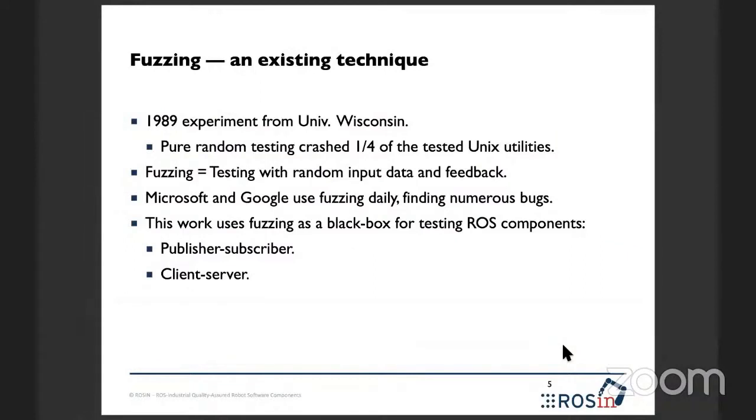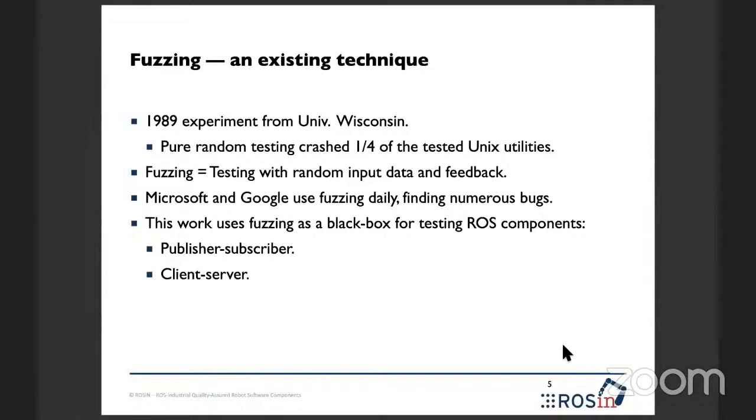I'll start with fuzzing. It's a technique that has been there for a while, since actually 1989. People did experiments with pure random testing. At that time, there were Unix utilities that were found to be quite buggy by simply using pure random testing.